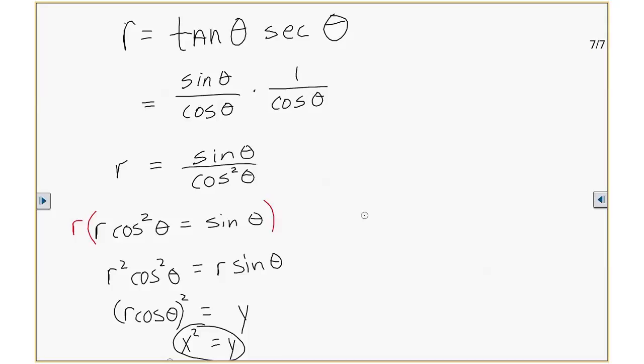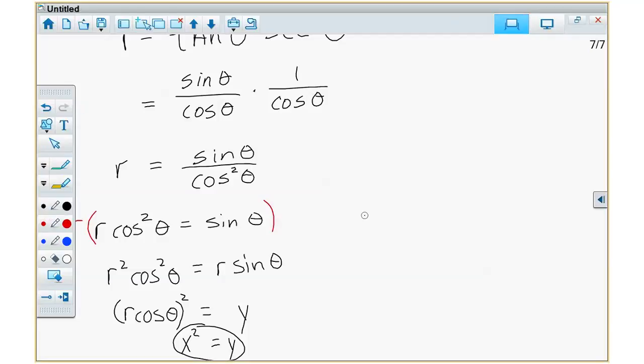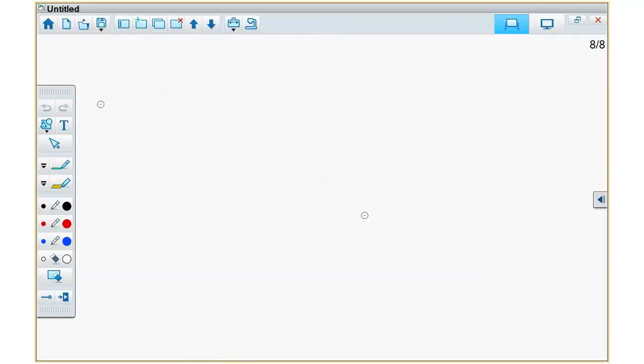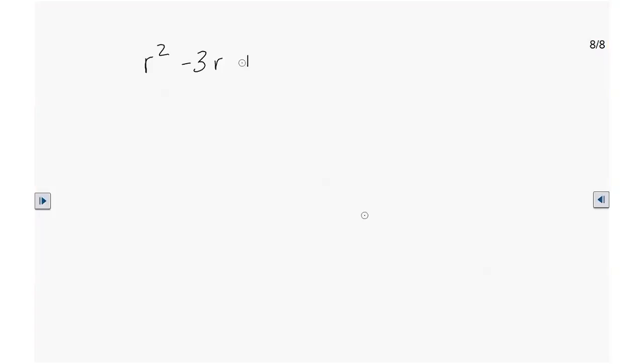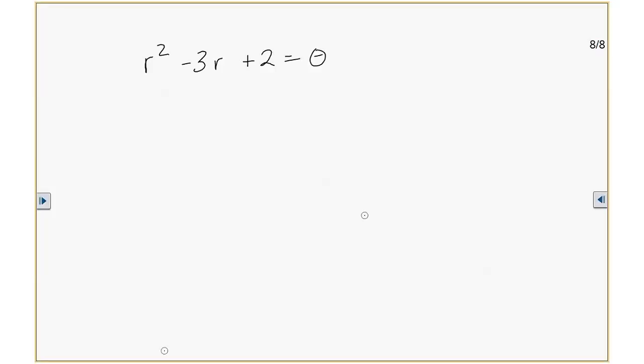Yep, I figured you'd like that. All right, here's something to try. It is equal to 0, not theta.